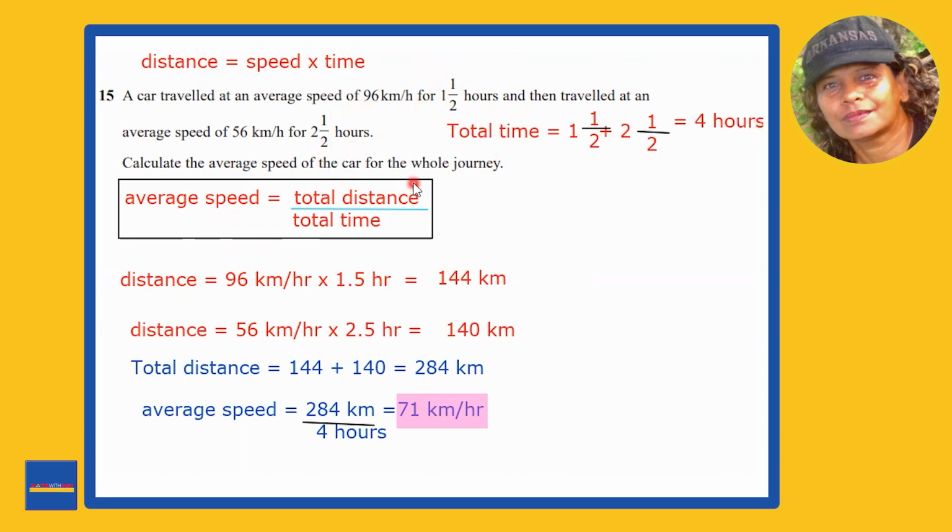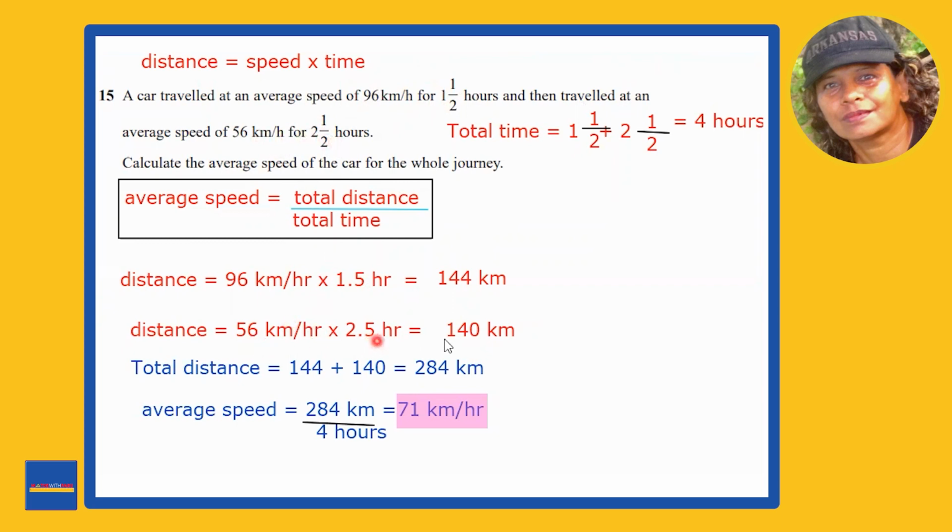So now we're going to proceed to find out the distance of each of the two journeys. Distance is speed into time. The first journey is 96 into 1.5 hours, which is 144 kilometers. The second part of the journey is 56 kilometers per hour, that's the speed, into the time, 2.5 hours.